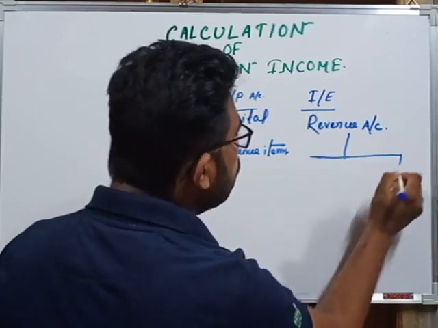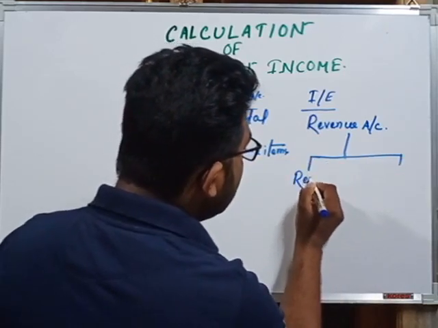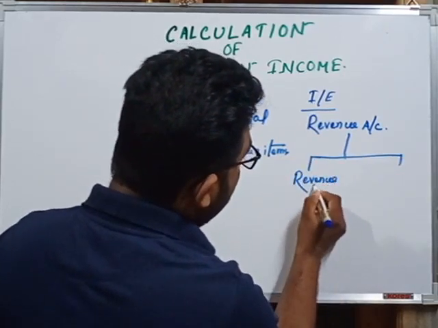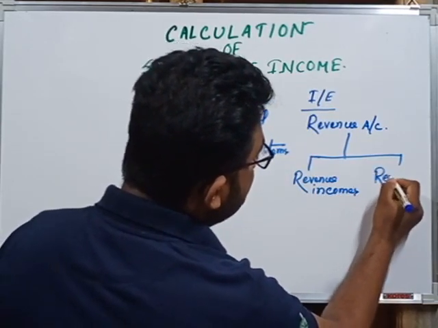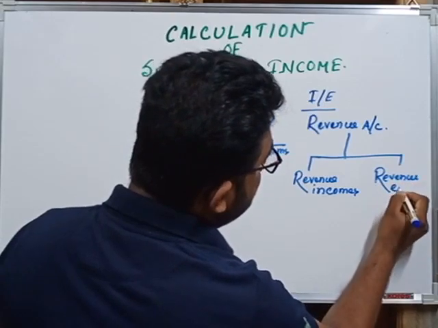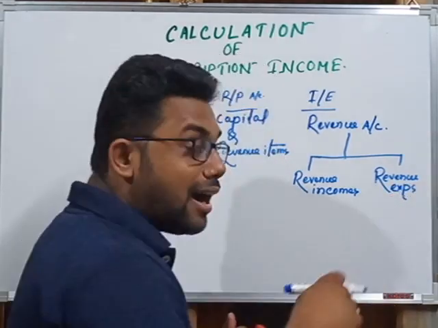That means it includes only revenue incomes and revenue expenses for the current accounting year.